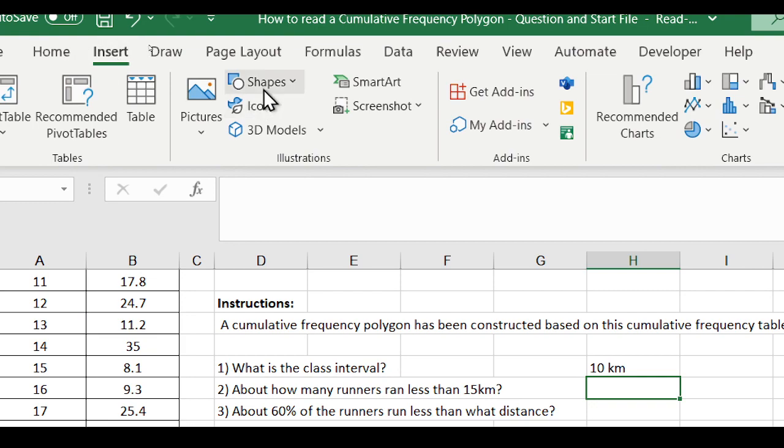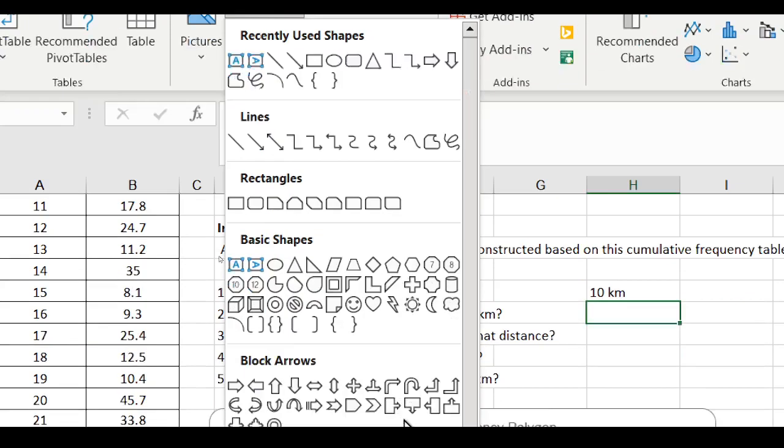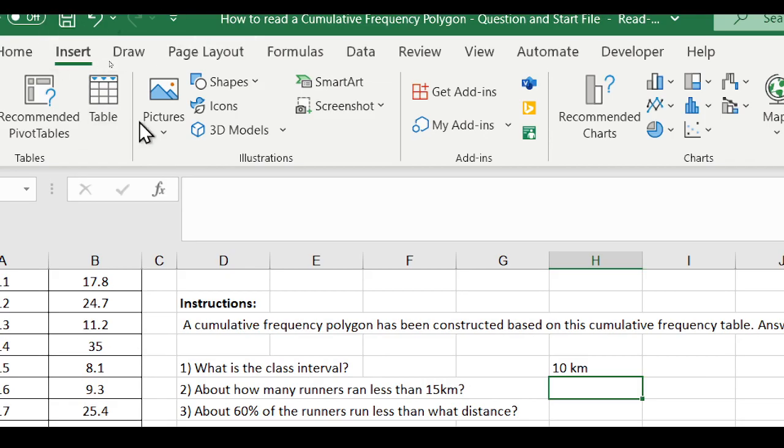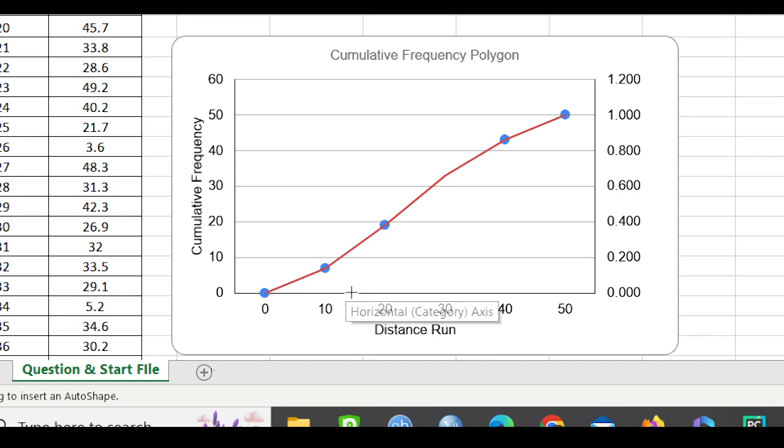So let's go down to 15 kilometers. I would guess that's about halfway, somewhere about there. I'm going to go up towards this polygon, and they want the number of runners.